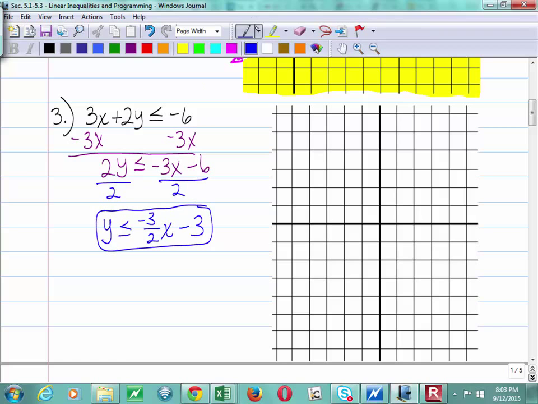Then I'm going to go ahead and graph that. The y-intercept is negative 3, and the slope is negative 3/2. So from there I'm going to go down 3 and over 2, and I can also go up 3 and to the left 2. Since it's less than or equal to, it's going to be a solid line.